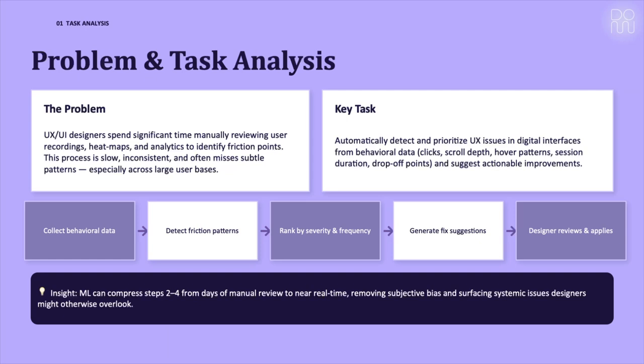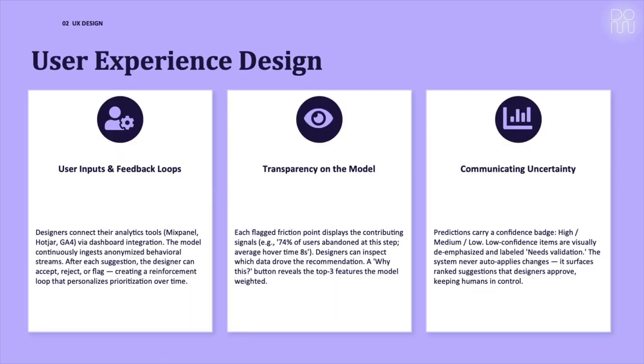We will generate fix suggestions with a machine learning model, and a designer will review it and decide to apply or not. A key insight here is that the ML can compress days of manual review to near real time, removing subjective biases and surfacing systemic issues designers might sometimes overlook.